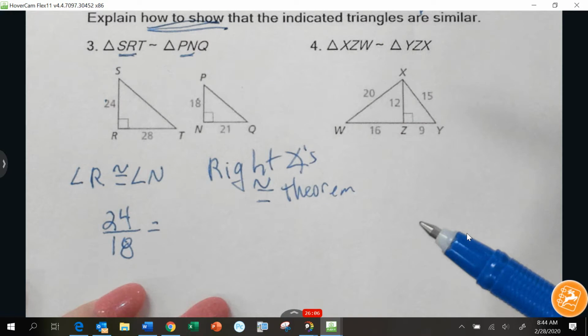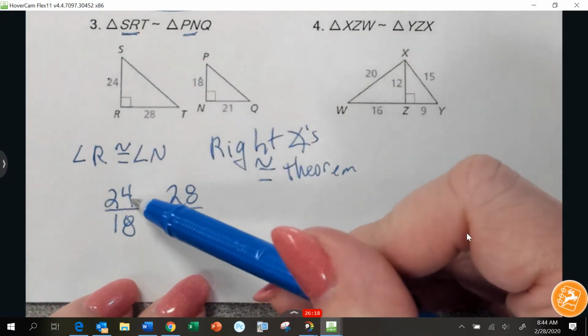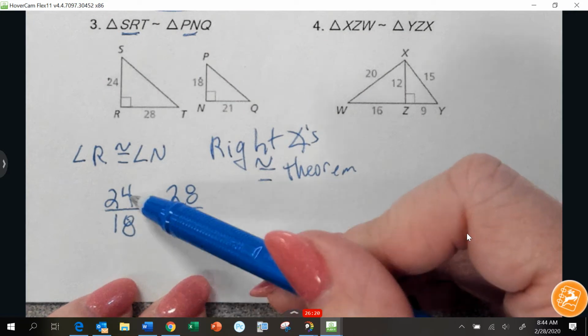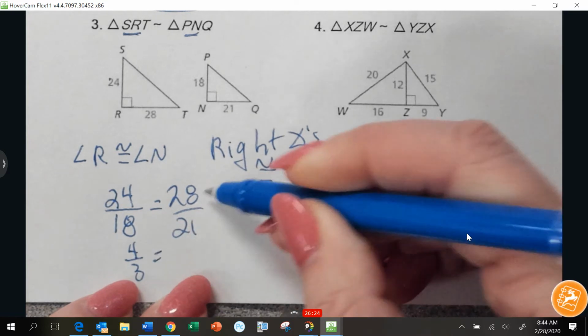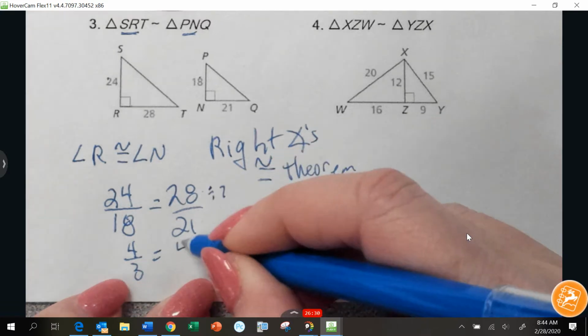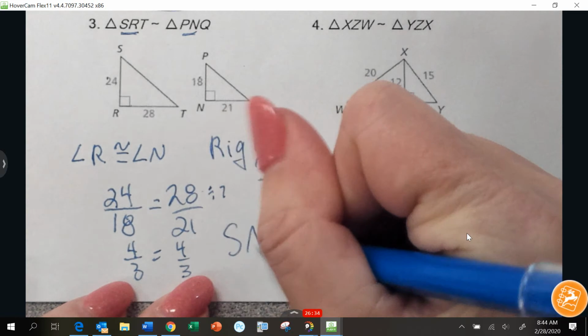So then 28. So again, you can use your calculator. I'm going to reduce 24 and 18 by 6, and I'm going to get 4/3. I'm going to reduce 28. 4/3. So then we will say this is SAS.